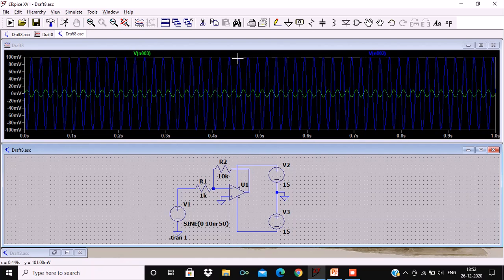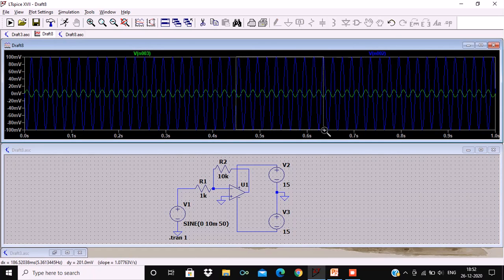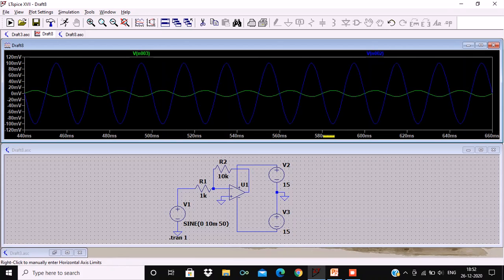Now, in order to show it clearly, you can clearly see that there is a 180-degree phase difference between input and output signal. This is my input signal and this is my output signal, and they are in opposite phase, and we have a gain which has a factor of 10.